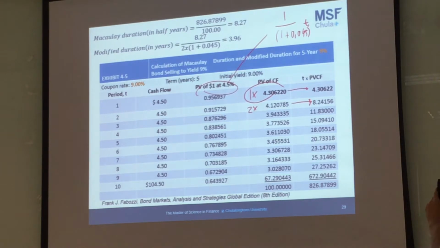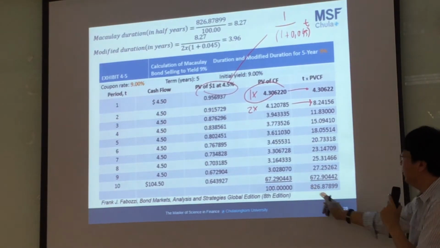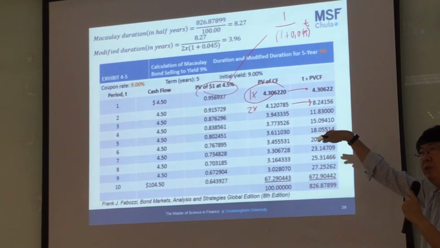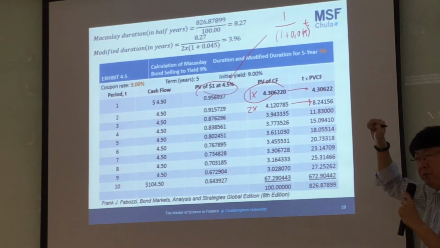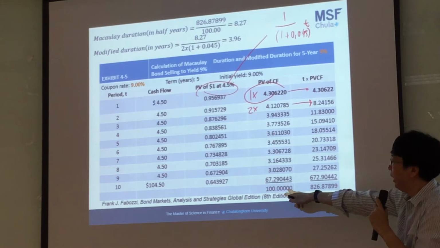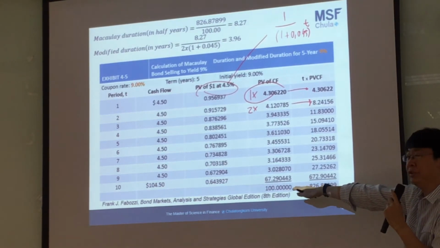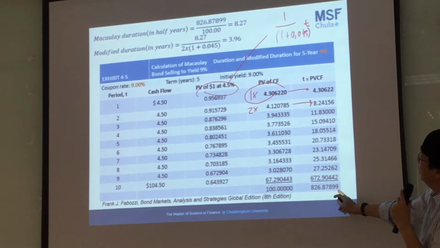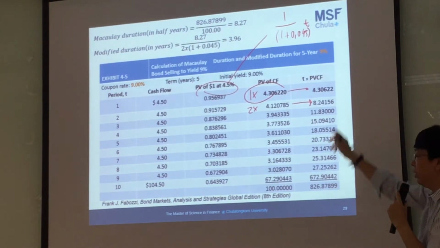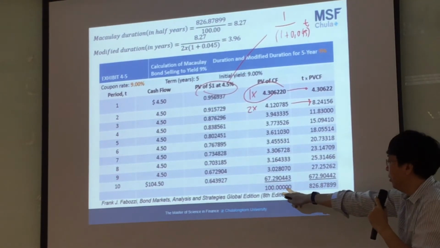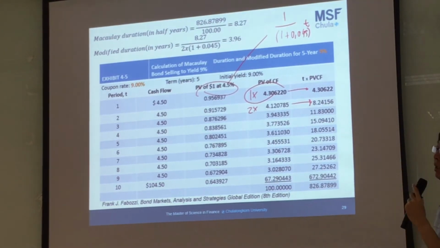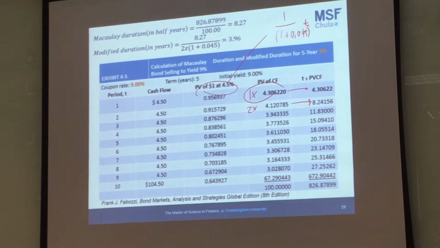And then you take the sum, you get the numerator and divide by the price of the bond, 100. In this case, because the yield and the coupon rate are the same, you divide the sum, the numerator, by the bond price, 100. You get the Macaulay duration over there.